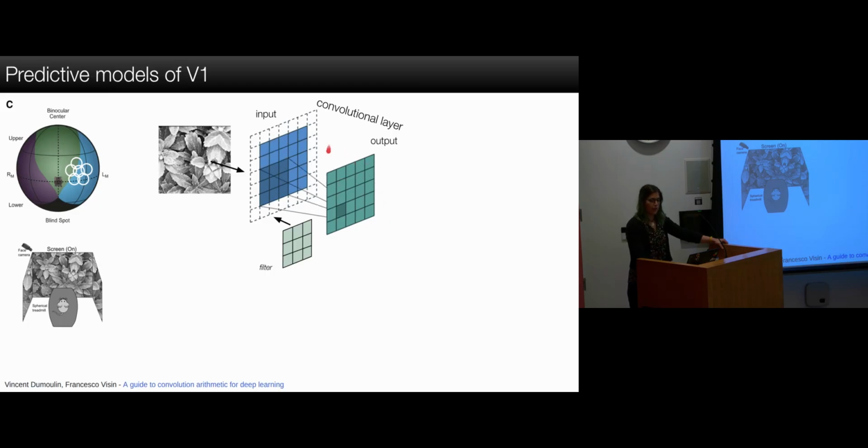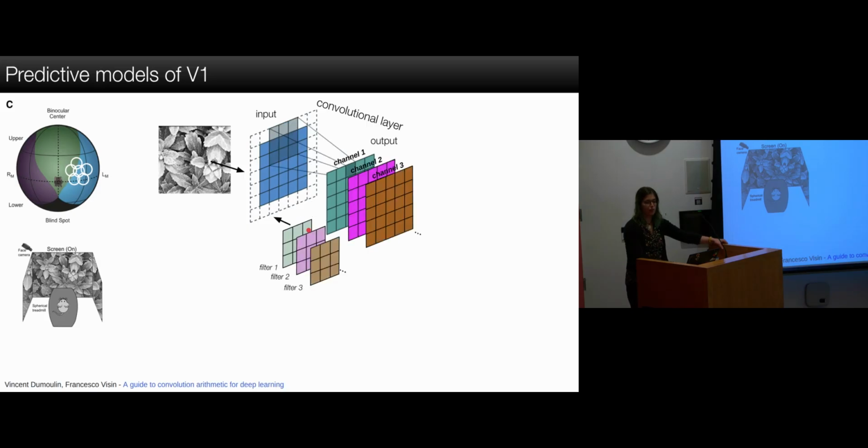If you pad with zeros like this, based on the filter size, you get an output that's the same size as the input, like you can see here. In practice, you have probably seen convolutional layers with more than one filter, so you have multiple filters and multiple output channels that we're going to fit to the neural activity. We have these shared convolutional filters across all of the neurons.